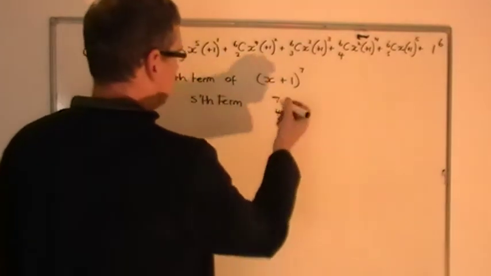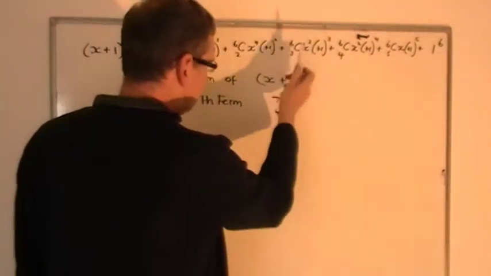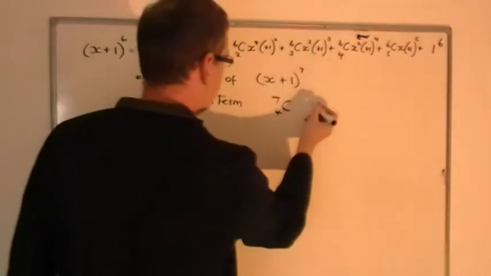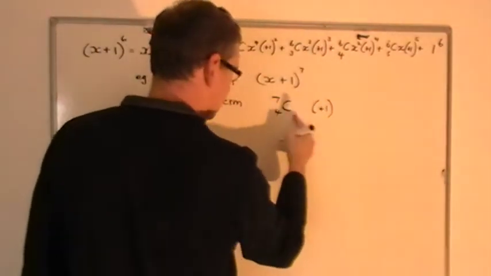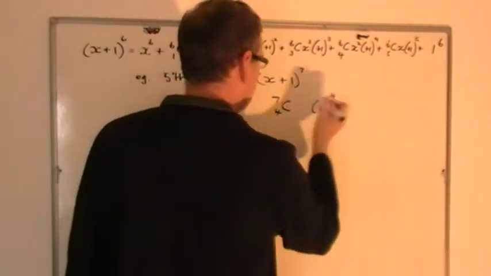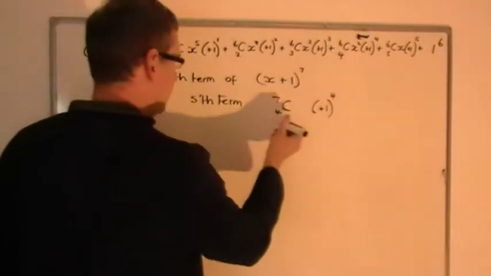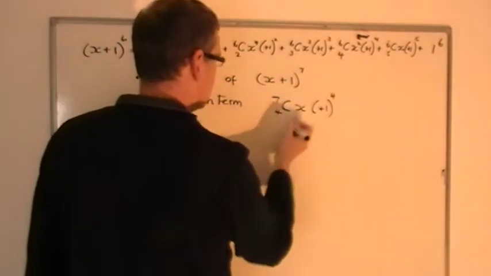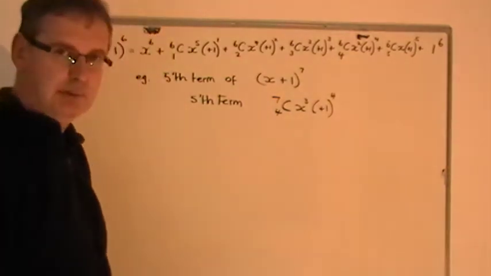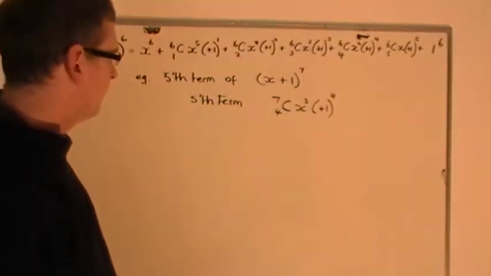If it's 7 choose 4, remember the second term has the same power. So the second term, 1, I'll put that at the end because I'm going to put the first term in there in a minute. If it's 4 there, that will be a power 4. That means the first term, which is x, must be a power 3, because 3 and 4 make the 7, which is the original power of the expansion.